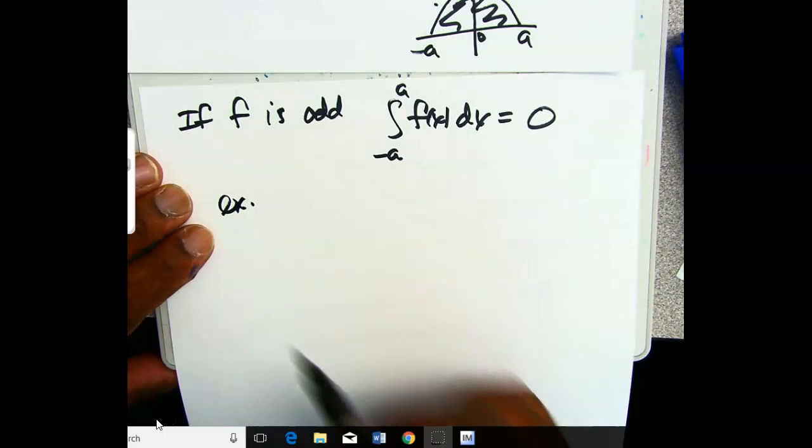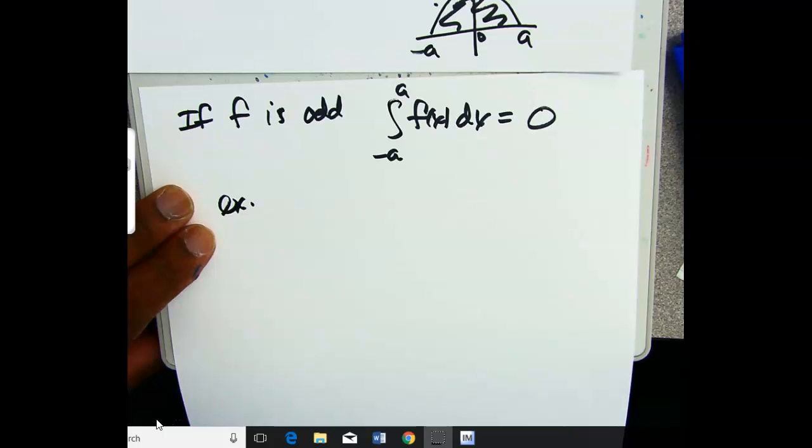By the way, with your trig functions, the 6 basic trig functions we know, which ones are even? Which ones are odd? I think there are only 2 even. Which 2 trig functions are even? Is it tangent?